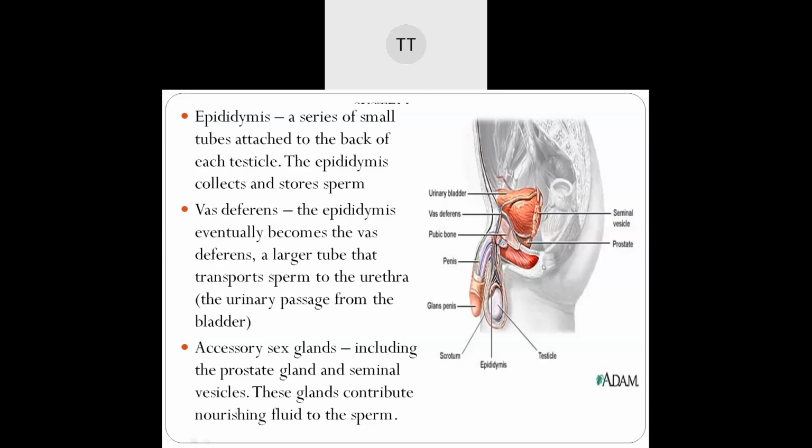The next part is the epididymis. What happens in the epididymis? It is like a small tube attached to the back of each testicle.